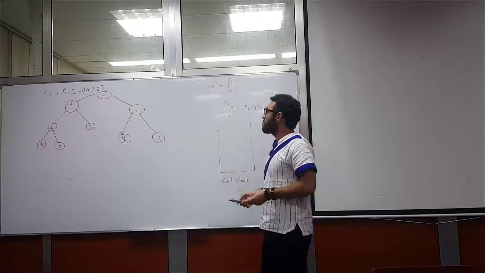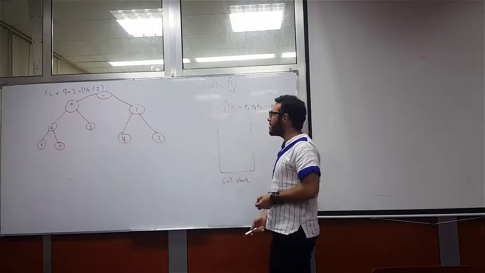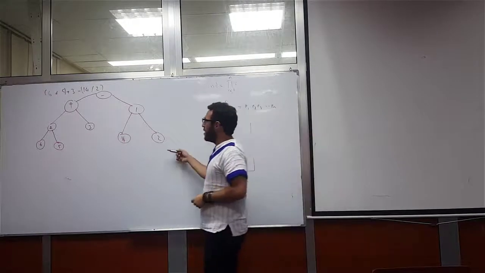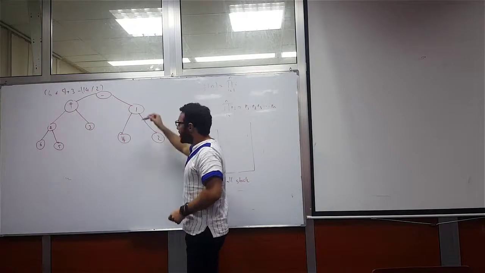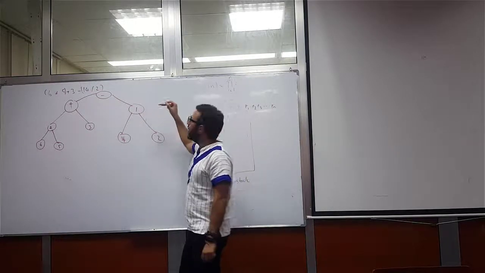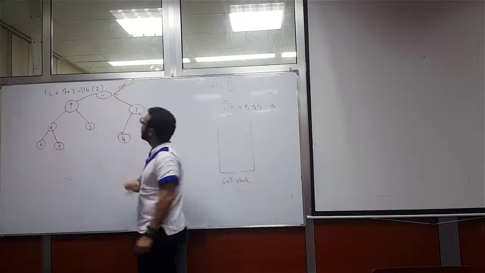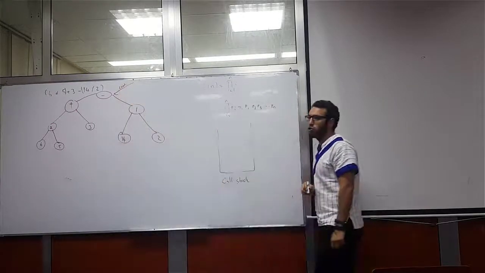So let's say we want to convert this infix expression into a prefix expression. And let's assume we already created the tree, and root is pointing to the top, to the root of the tree.